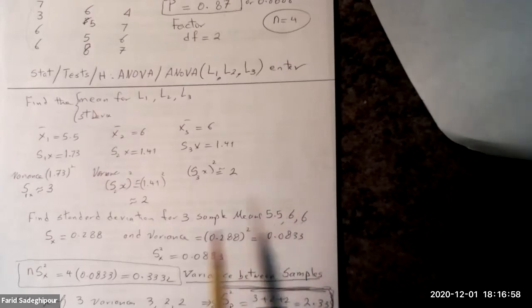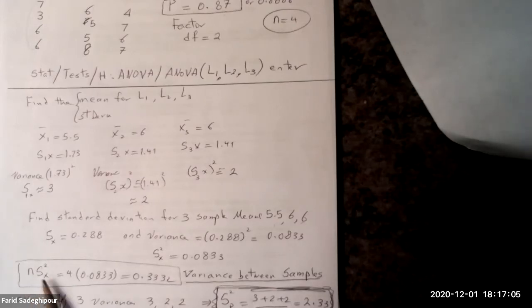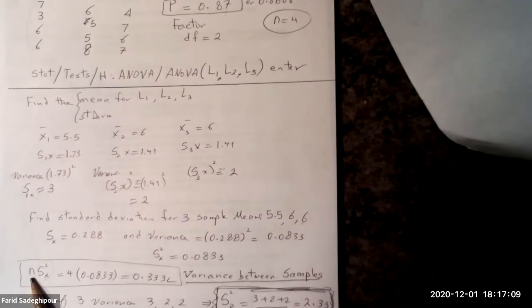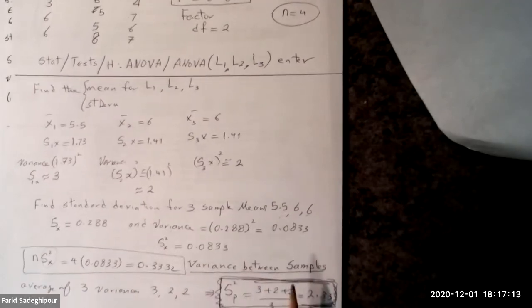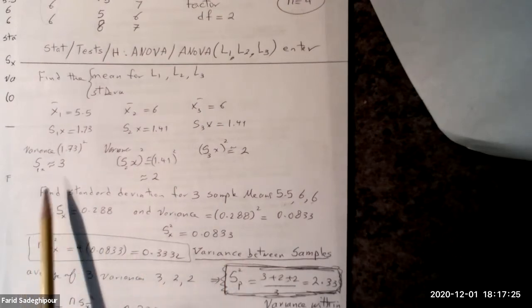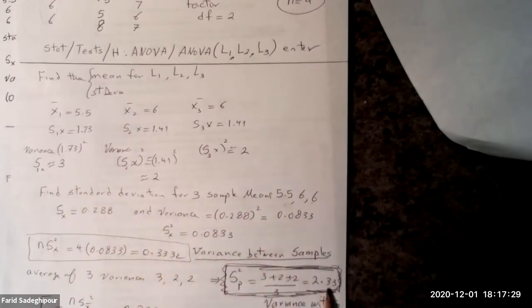So you calculate the variance, and then n times s x squared means you find the variance and multiply by how many numbers you have, 4 in each column. You should also calculate the average of the 3 variances. This is the average of the 3 variances that we already have: 2, 2, and 3.